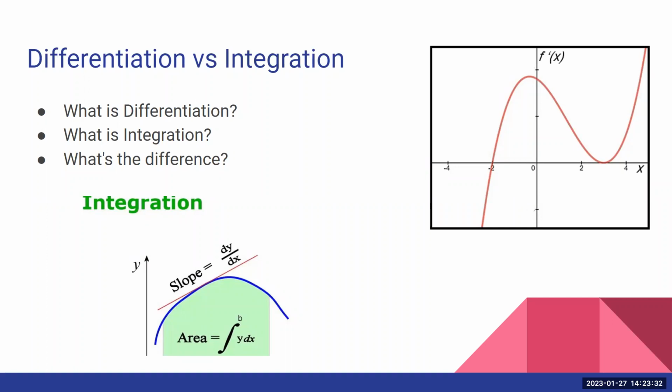Differentiation is when you take function 1 to get function 2, for example, taking the slope of displacement to get velocity. And integration is basically the opposite of differentiation, which is the flip side. Integration is when you take function 2 to get function 1.